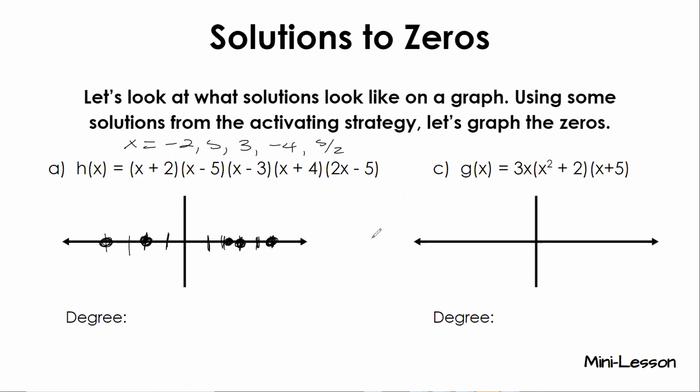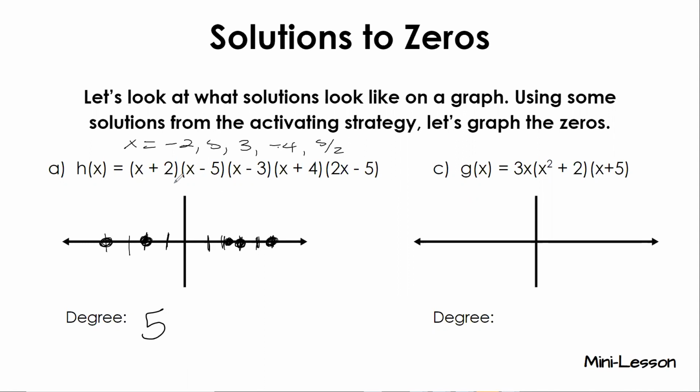Now, degree. We can tell what the degree is by the number of solutions that something has. So how many solutions do we have? 1, 2, 3, 4, 5. So the degree is going to be 5. Now, we can sketch the graph.